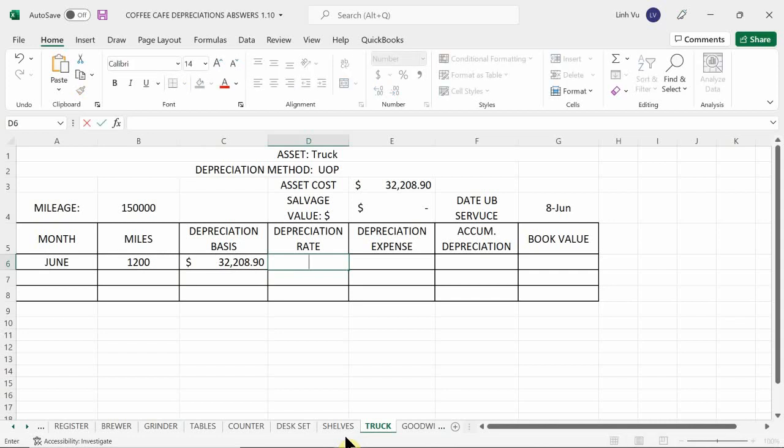Not 1 over the estimated useful life. That's the huge difference between straight line and units of production: the rate.